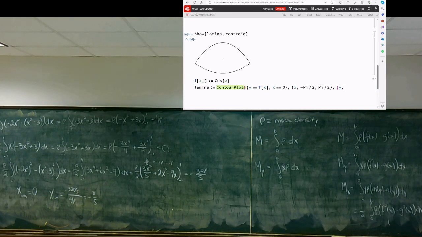So minus pi over 2 to pi over 2, is cosine positive or negative? Positive. Since we're bounded by the x-axis, that means the lower bound is going to be 0 for y. What's the largest that cosine can be over minus pi over 2 to pi over 2? 1. So y should just go 0 to 1.